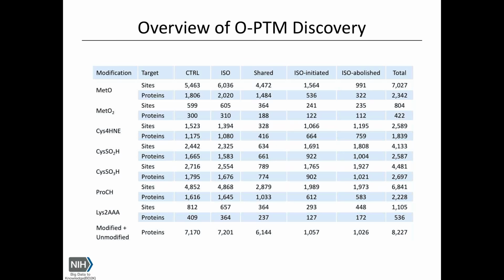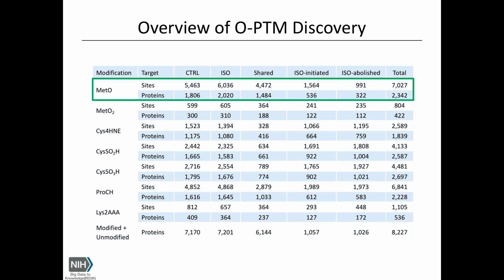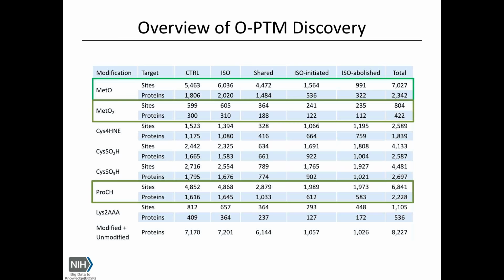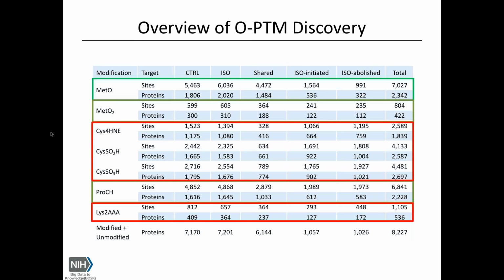Strikingly, Meox occurred on the most sites out of all 7 types, and the number of Meox sites and proteins increased following ISO, with Meox2 and ProCH exhibiting only minor increases, whereas the number of cis4HNE, cis-SO2H, cis-SO3H, and Lys2AAA actually decreased after ISO.